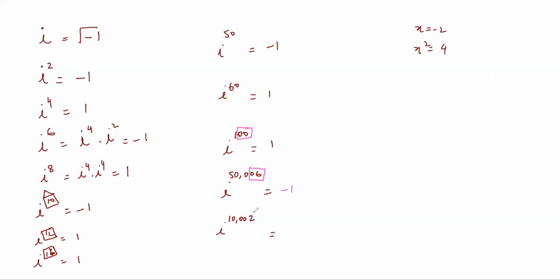Look at this, 10,002. Is this 2 divisible by 4? No. So this is also going to be minus 1, okay? Got it? Okay, now, this was about the even powers. Now let's talk about the odd powers.